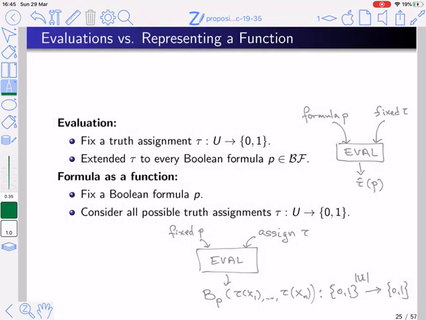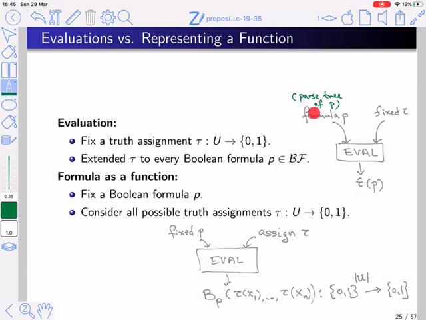Now, think of our evaluation procedure. This evaluation procedure receives two types of inputs. The first one is our formula pi. Actually, instead of the formula, we feed it with a parse tree of pi. And the second input is our truth assignment, tau.